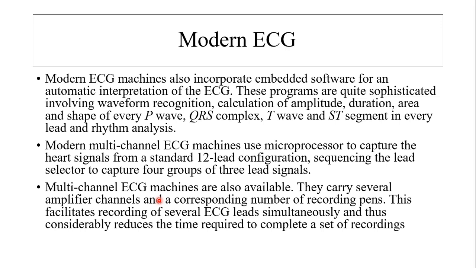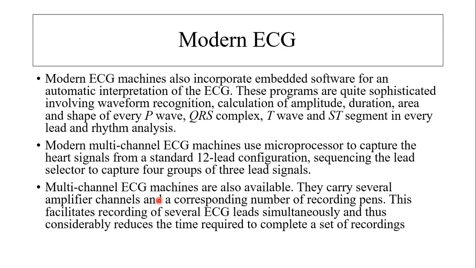So modern ECG machines have different add-ons and features coming up nowadays. Most ECG machines are run by embedded software or are microprocessor based, and the programs are so sophisticated that they automatically read the ECG signal and diagnose diseases.